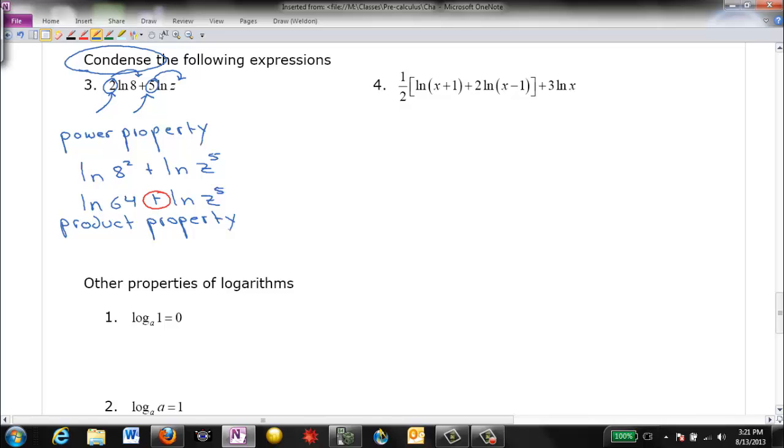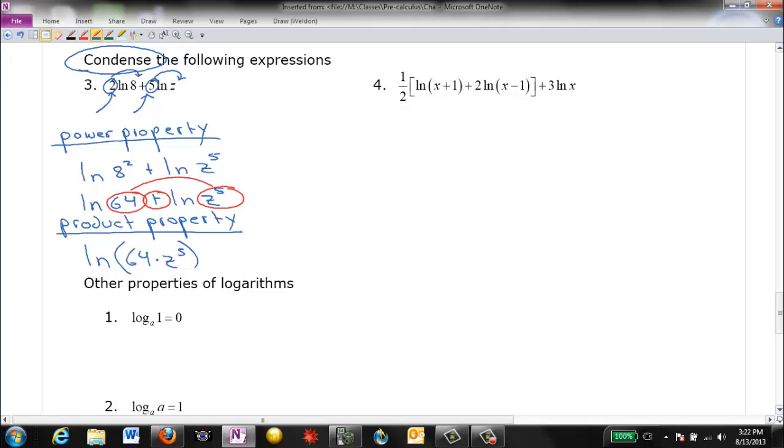So what I'm going to get is the natural log, and inside I'm going to take this 64 and this z to the 5th, and I'm going to multiply those together inside of one logarithm. Okay, so what I get is the natural log of 64 times z to the 5th. Okay, and that's about as far as we can take that one. That's about as condensed as we're going to get that.